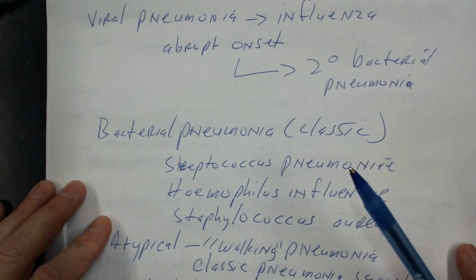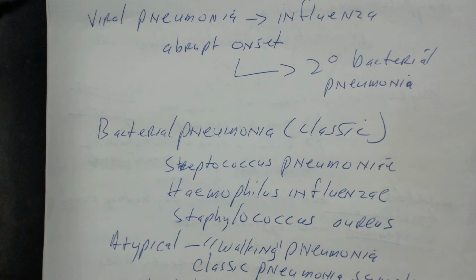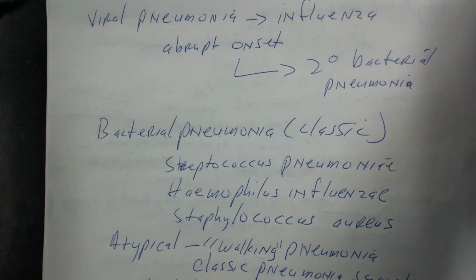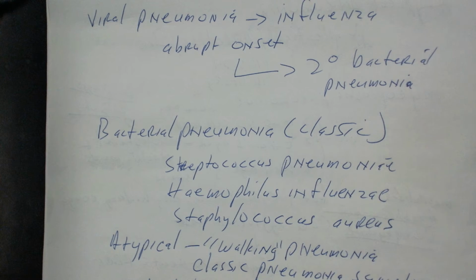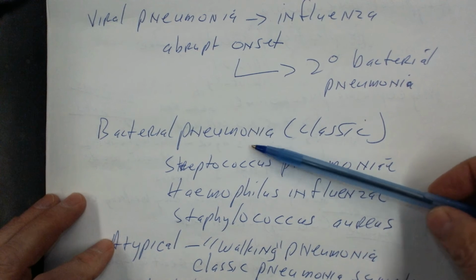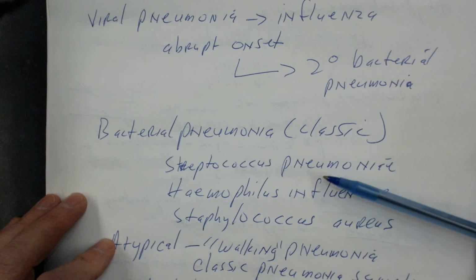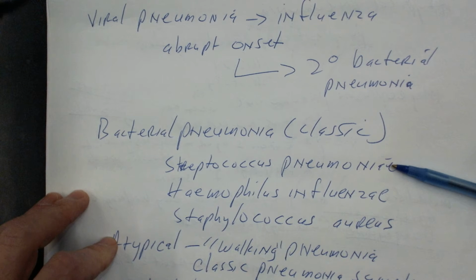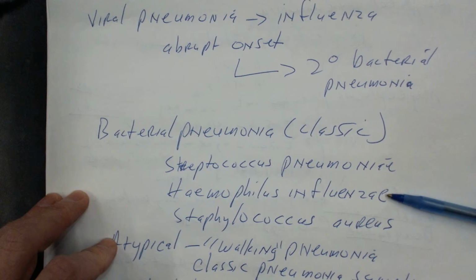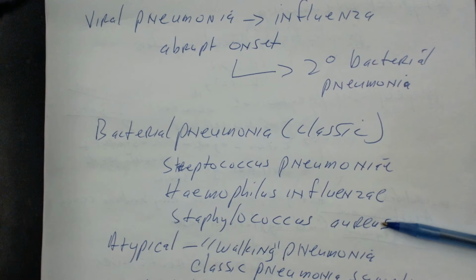Very good. They can also classify pneumonias according to the organisms that cause them. So with a bacterial pneumonia, it's caused by bacteria, most commonly Streptococcus pneumoniae, Haemophilus influenzae, or Staphylococcus aureus.